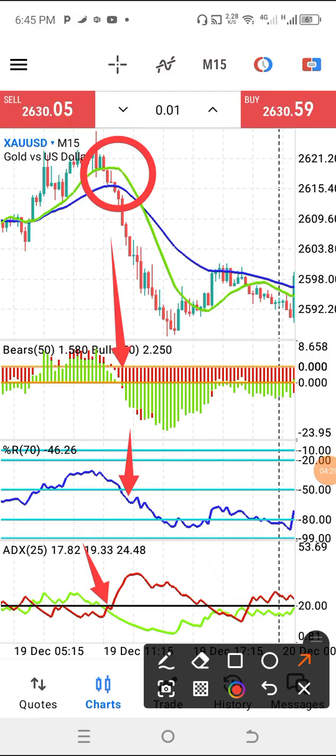So when you check your ADX at this point, the negative ADX, which is the red line, once it's above level 20, it also indicates that there is momentum for sell. That means there is a pressure for price to drop. So in such situation, this is where you take your sell entry.